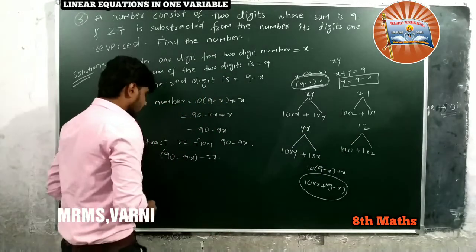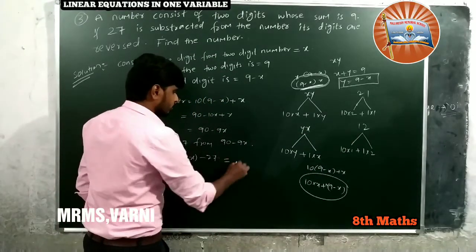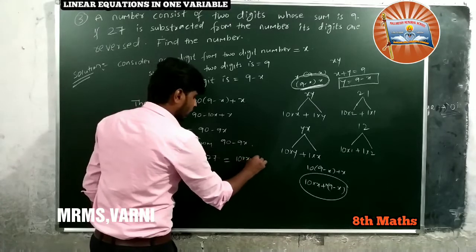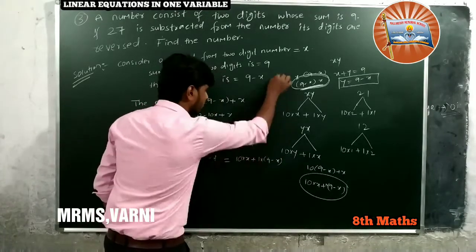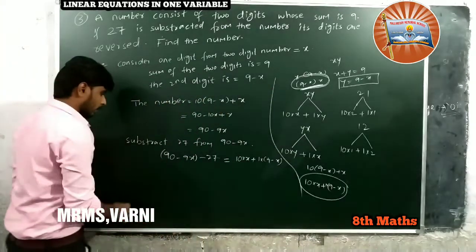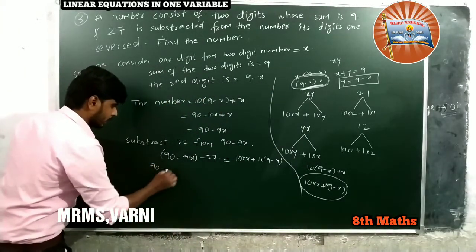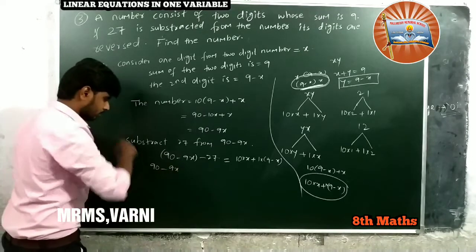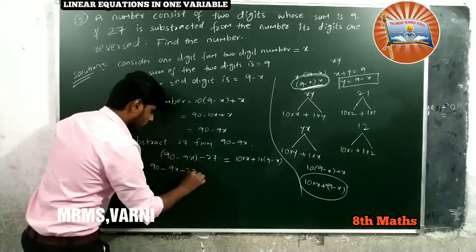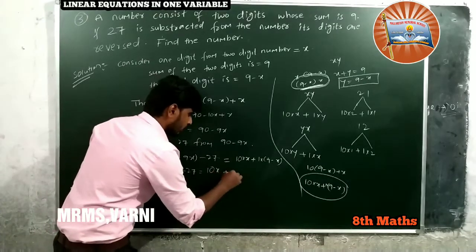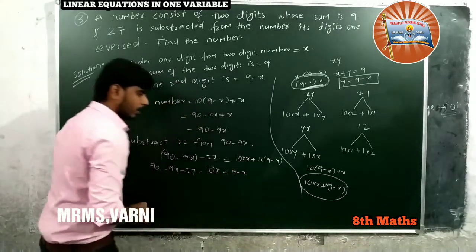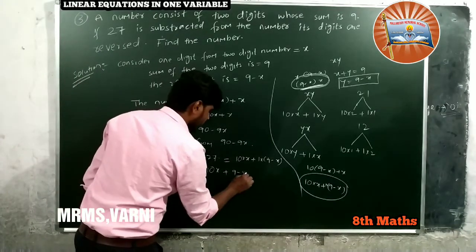Now this is equal to 10 into x plus 1 into 9 minus x. So now 90 minus 9x minus 27 is equal to 10x plus 9 minus x.